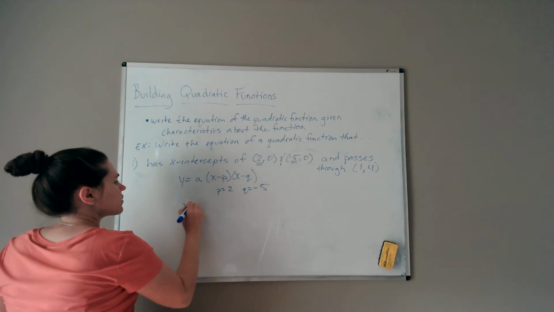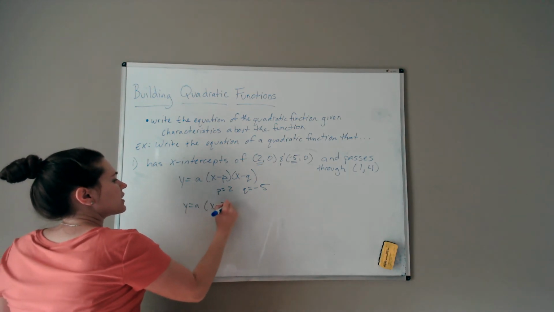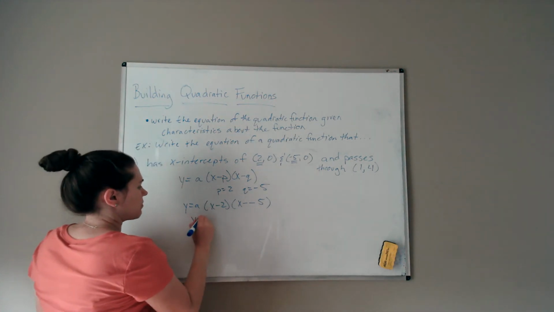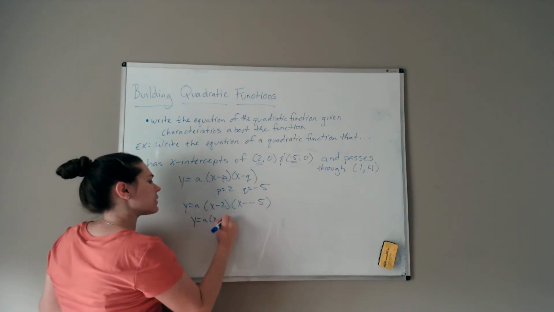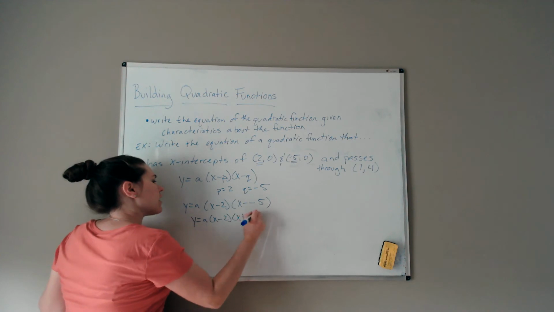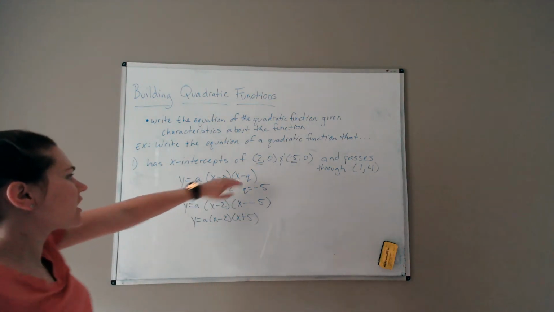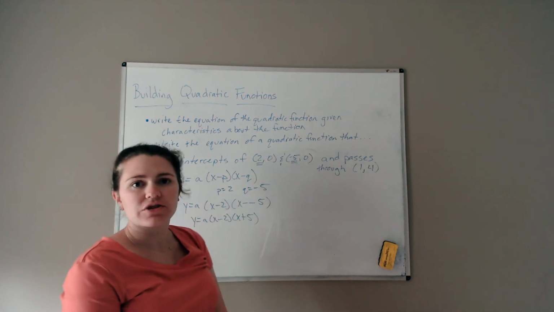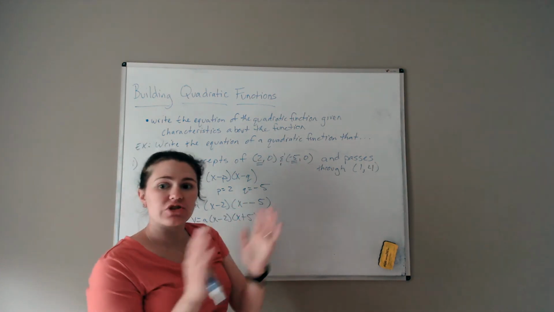So that's y equals a times (x minus 2) times (x minus -5). We could clean that up a little bit: a times (x minus 2) times (x plus 5). But there are an infinite number of quadratics that have the exact same x-intercepts, but their dilations are all different.